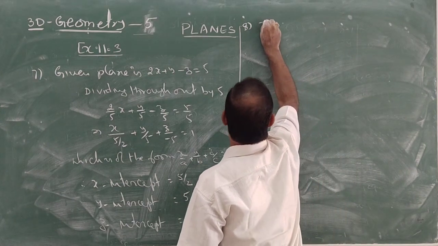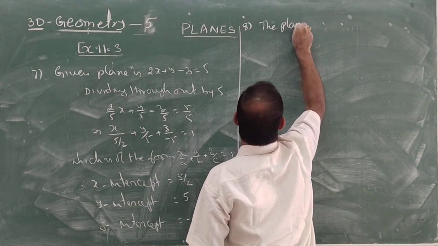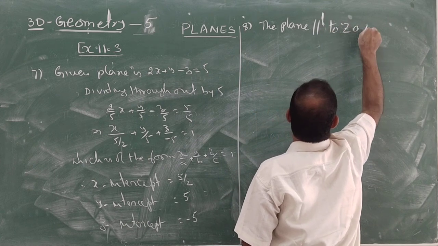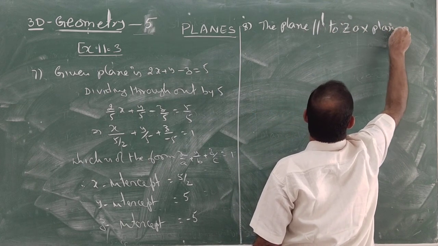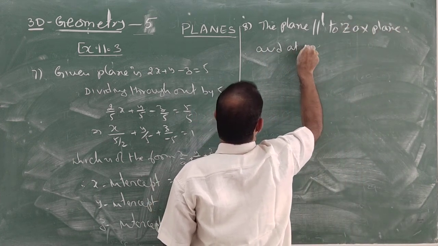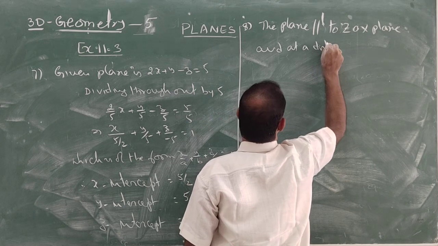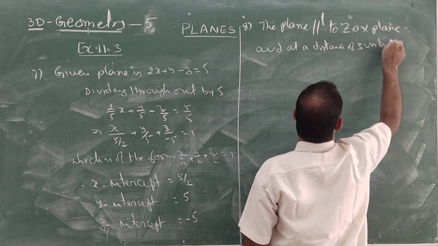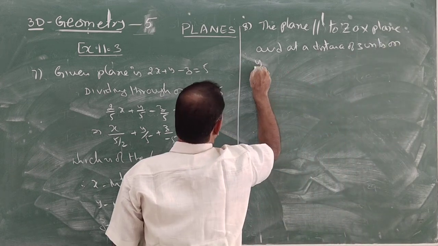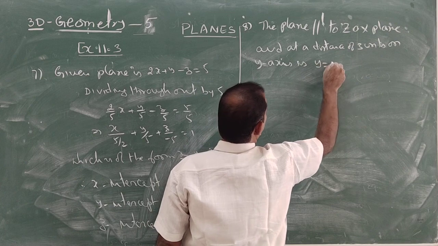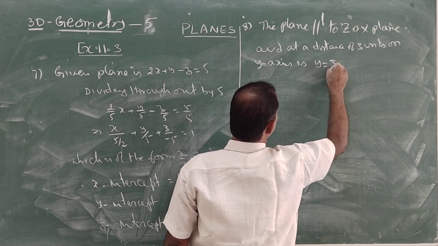So the plane parallel to ZOX plane and at a distance of 3 units on the y-axis is y is equal to 3.